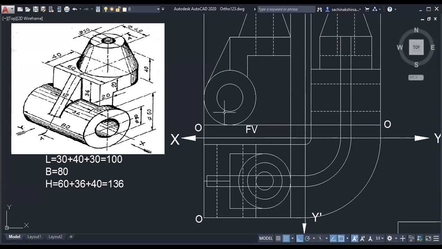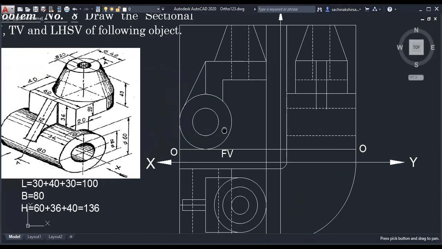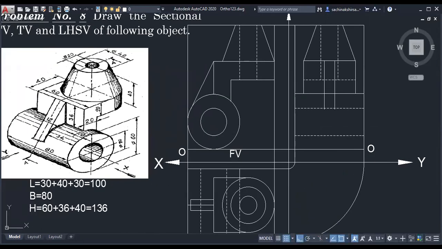And from here horizontal, from the rib. Something like this. So that will be the rib. That dark line will remain.